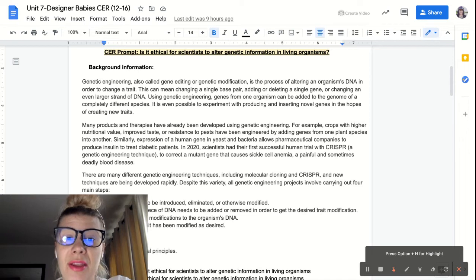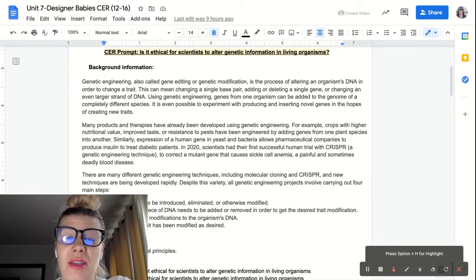Many products and therapies have already been developed using genetic engineering. For example, crops with higher nutritional value, improved taste, or resistance to pests have been engineered by adding genes from one plant species into another.